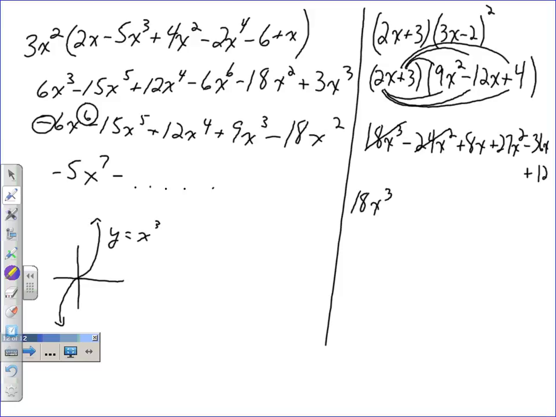I have negative 24x squared plus 27x squared gives me a positive 3x squared. I have 8x minus 36x will give me negative 28x, and then plus 12 at the end.